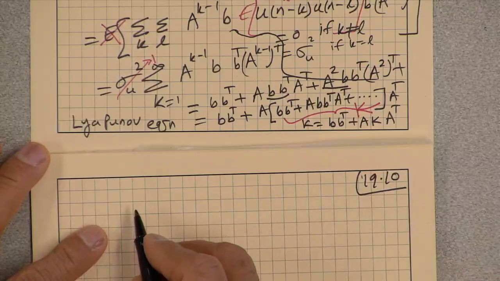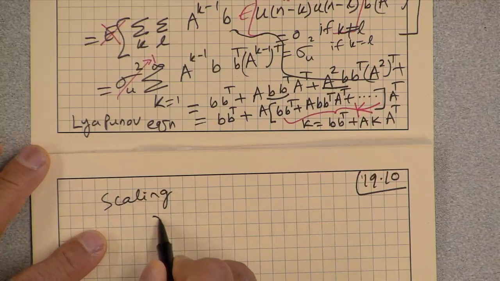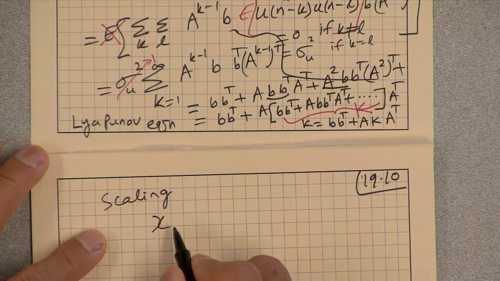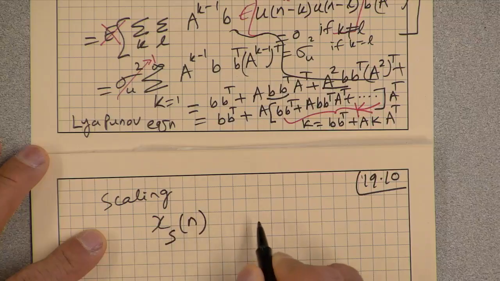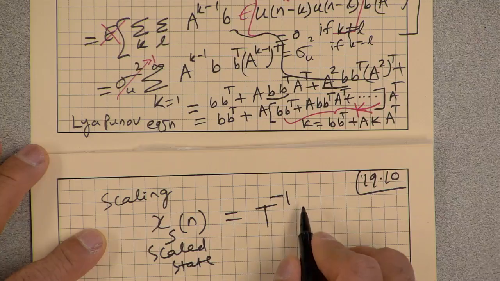So the definition of scaling is x scaled n, the scaled state, is equal to T inverse times xn.